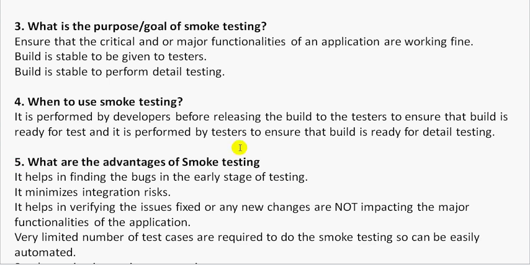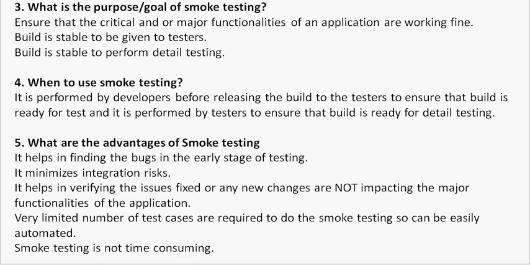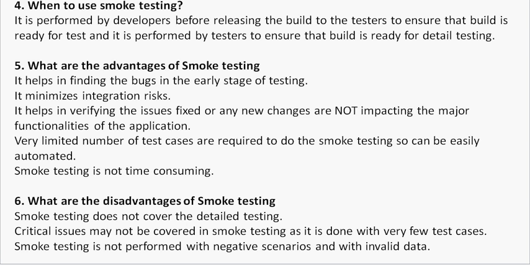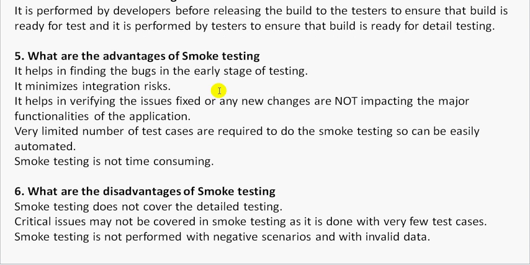What are the advantages of smoke testing? Smoke testing helps in finding bugs in the early stage of testing, which saves money and time. It minimizes integration risk because there are different developers working in the team, at different locations. Even at the same location, the way they do the coding and their understanding of the requirement is different.